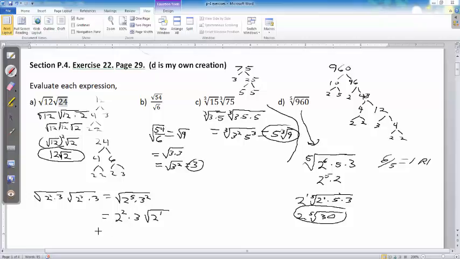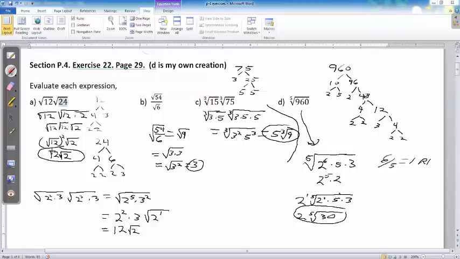So there's no 3s left inside. So I end up with 4 times 3, which is 12, square root of 2. Same thing I had before.